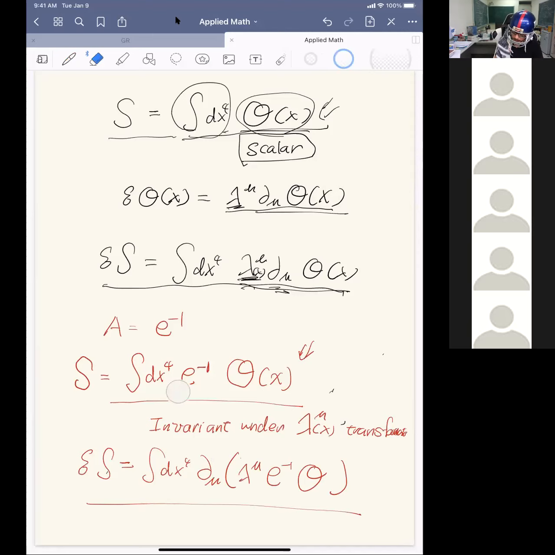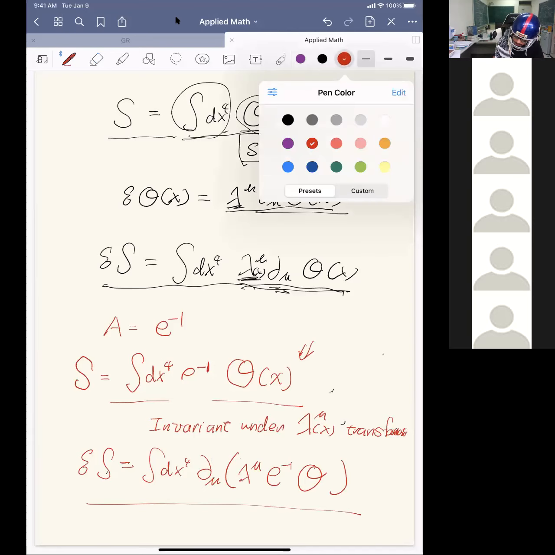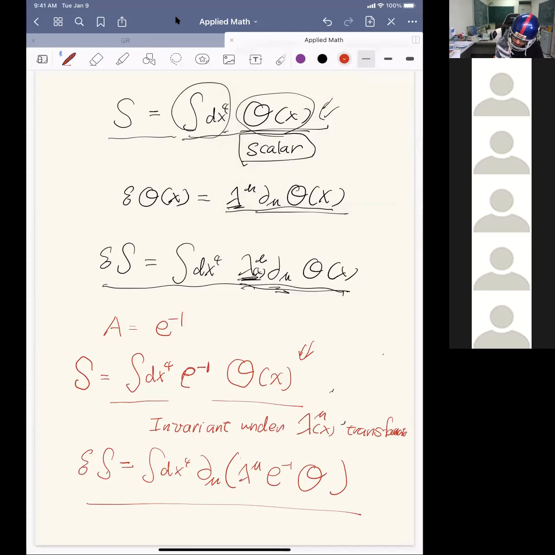You just have to multiply it by the inverse determinant of your Vierbein, and that will be your invariant Lagrangian. And precisely this E inverse is the square root of minus G.